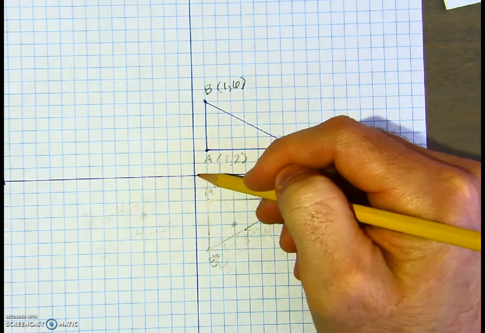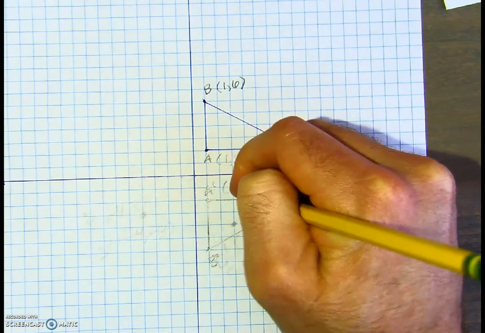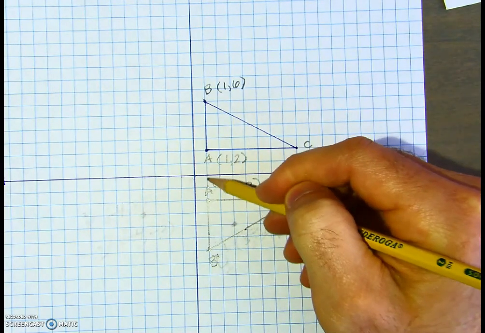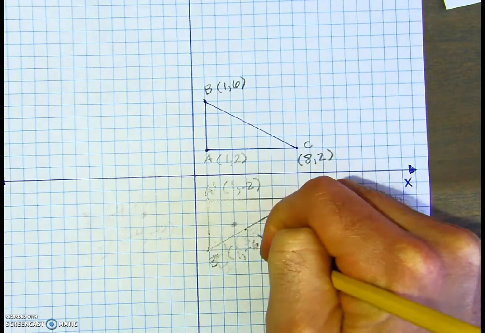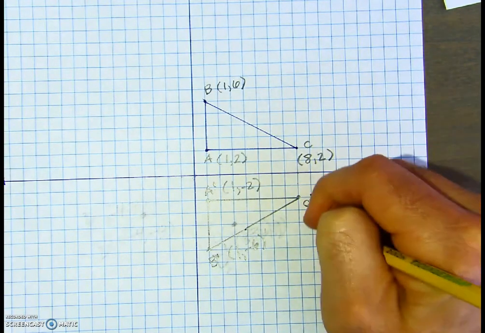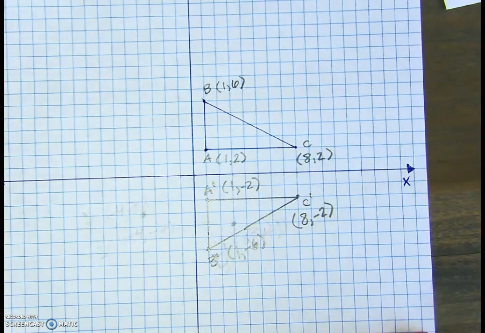All right, here we go. So, A prime is 1 comma negative 2. And B prime is 1 comma negative 6. And then C prime is going to be 8 comma negative 2. 8 comma negative 2. All right, perfect.